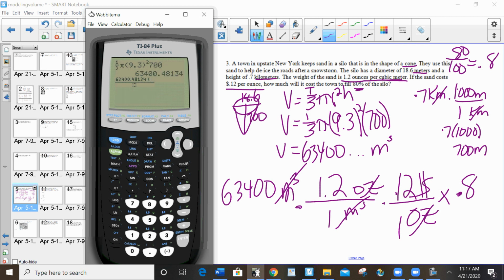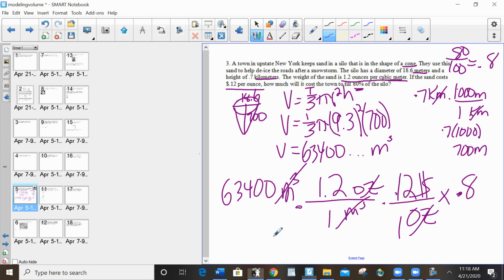I copy and paste my previous answer. Make it 1.2, 0.12, 0.8. There's nothing on bottom, so I'm just going to put a 1. To the nearest cent is what you're supposed to round to, unless it specifies otherwise. That'll be 7303.74.